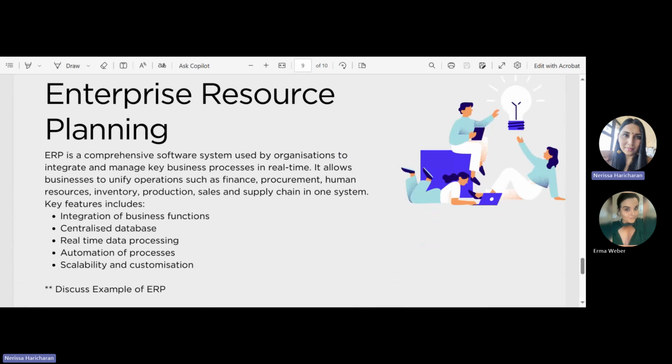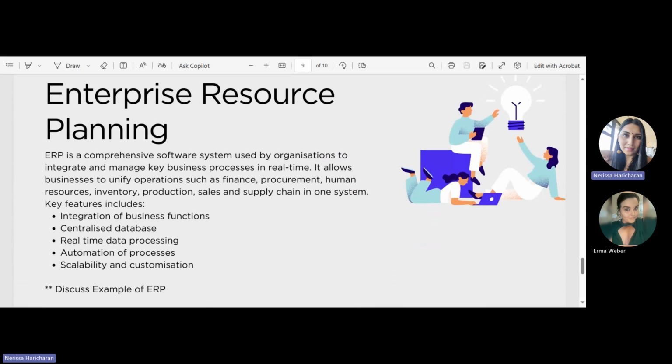Because it's pretty modular, you can basically implement only specific functions that you need in order for you to scale up the business. And you can customize it to what you want to see. So it doesn't always have to be a normal, simple ERP system. Every business has a different ERP system that just works for them.